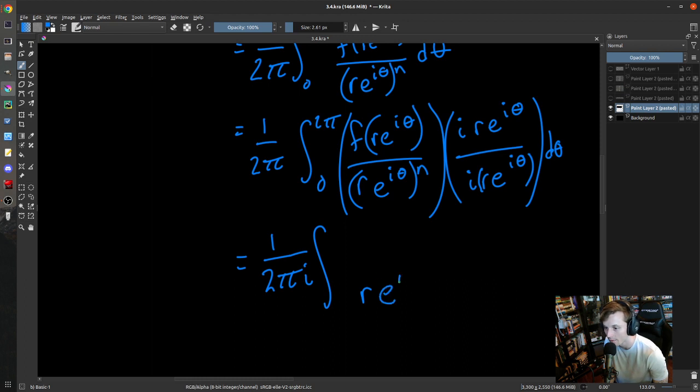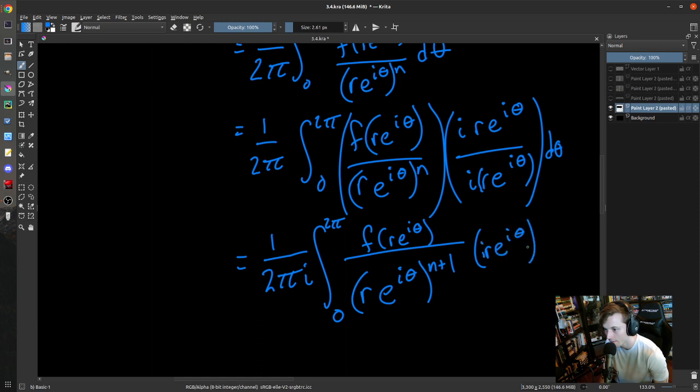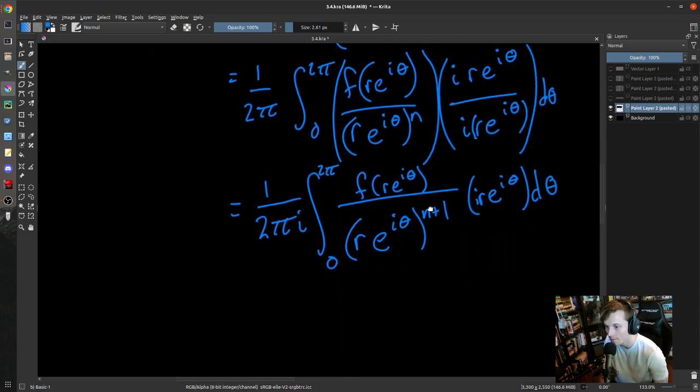I'll have r e to the i theta to the n plus 1 on the top. I'll have f of r e to the i theta, of course. This is still from 0 to 2 pi. And then I will have at the end of it i r e to the i theta d theta. This is just going to be our dz.